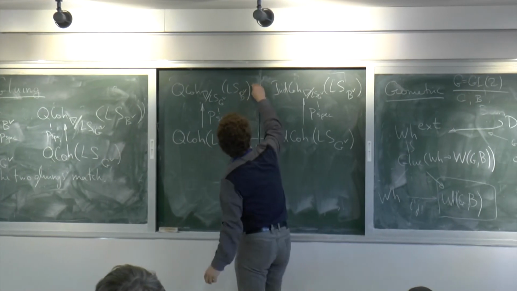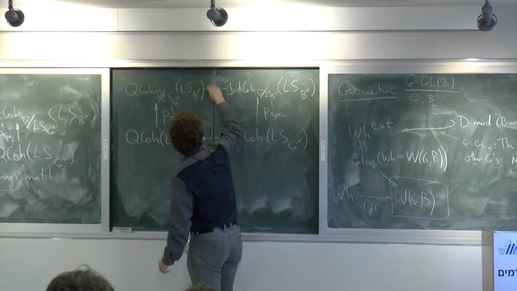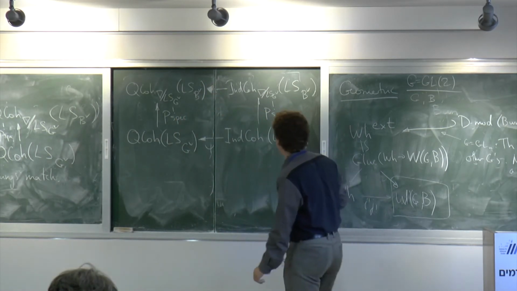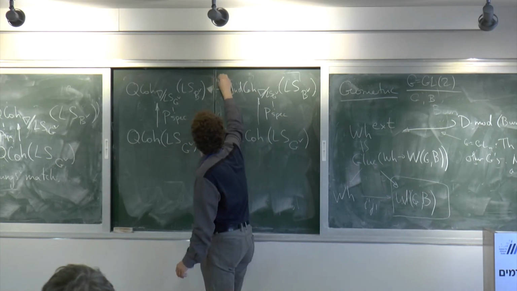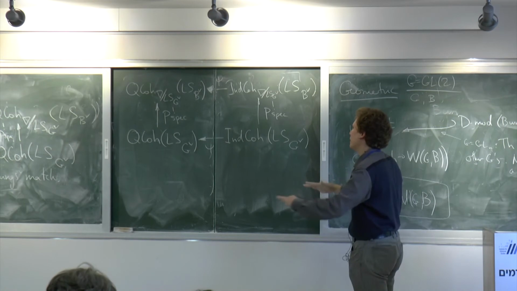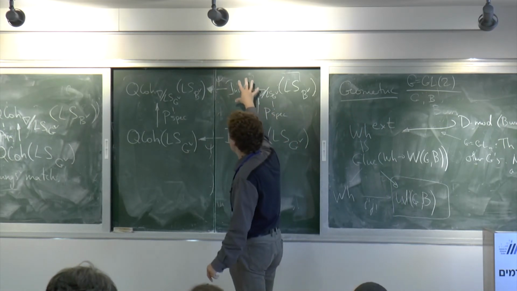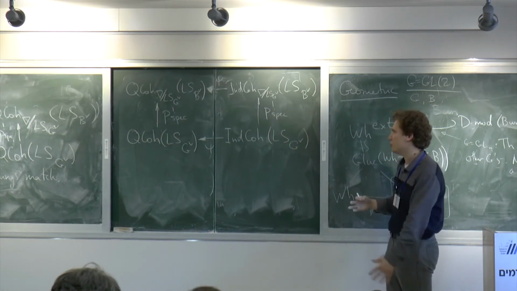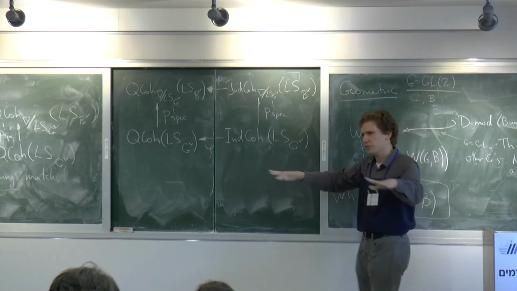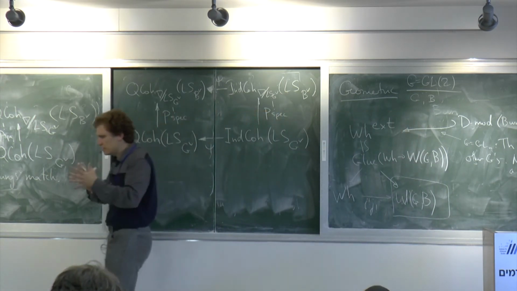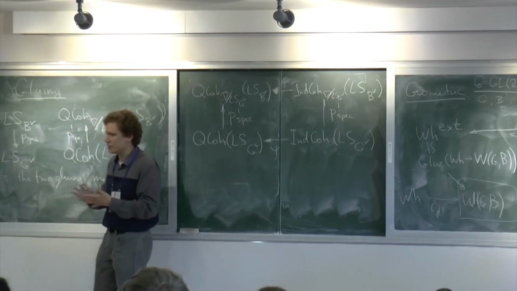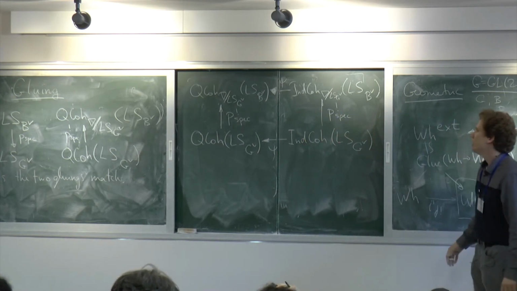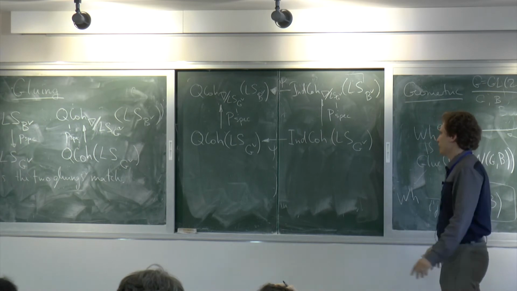And I can close this square using psi upstairs. I always have this colocalization functor that loses some information by passing from Ind-Coherent sheaves to quasi-coherent sheaves. If you think in terms of singular support, this is like taking something whose singular support was large and taking sections with support and singular support in the zero section. So you erase everything whose singular support is not zero. OK, so we have this diagram.